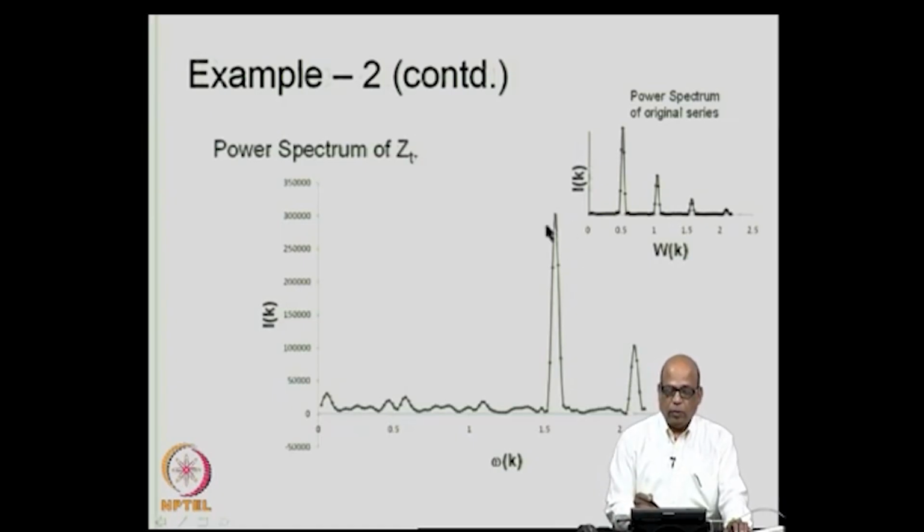Now, we can remove this. From this figure it appears as if this has to be significant, but we have a test for examining this significance. If we know that it is significant, we remove it, replot the power spectrum, and check which other periodicities come up.